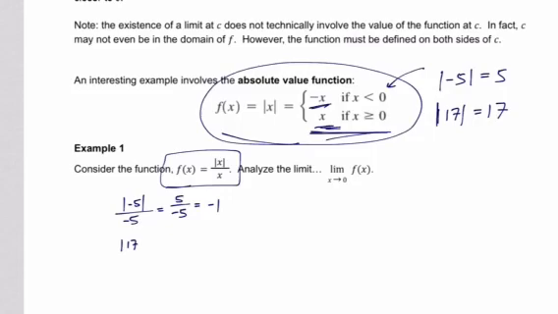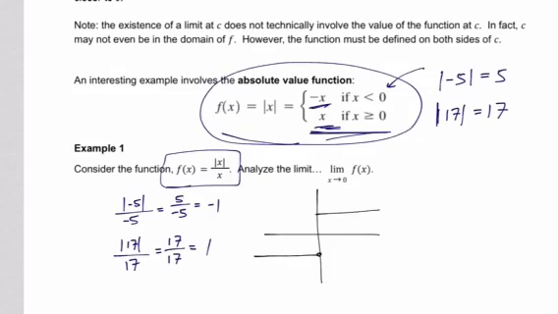But for any positive value, like positive 17, the numerator and the denominator will be exactly equal to each other, so we get +1. And so we can represent this graphically. Our graph will be -1 for any negative value and +1 for any positive value. Of course, it's undefined at 0, because we can't divide by 0.